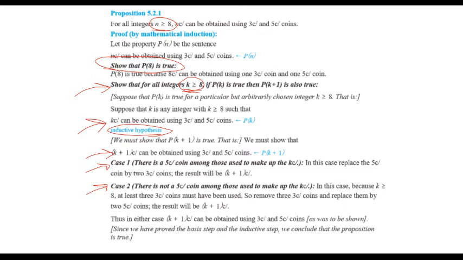So since we proved both cases of the inductive step, we can conclude that we are done with the inductive step. We were done with the first step here, and now we are done with the second step here. So we can conclude that we proved proposition 5.2.1 using proof by mathematical induction.